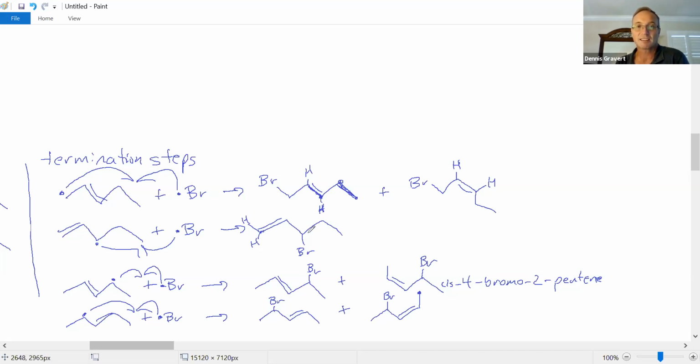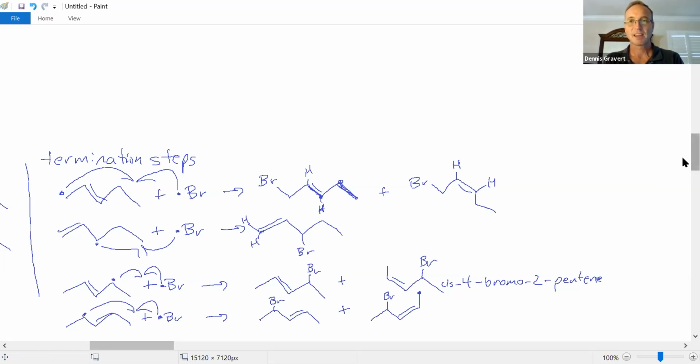Looks like this is unique. Got a double bond at the end of the chain. Nobody else has a double bond at the end. And then this one, this end would be still 2. The alkene's on carbon 2, but the bromine's on 1. Bromine on 1, alkene on 2, but we have cis trans. Lots of products.